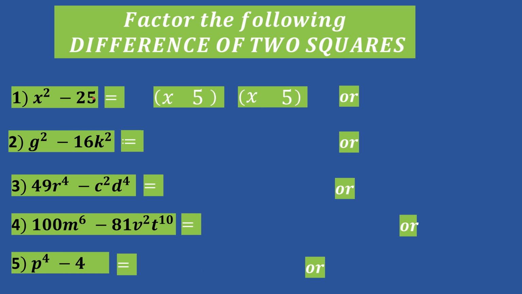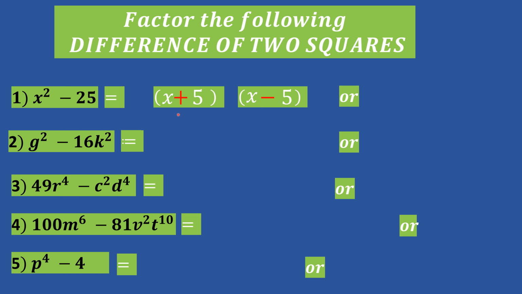Then we put the sign between the first and the second term. So what are the factors of the difference of two squares? We write the square root of the first term two times, and the square root of the second term also in this manner.